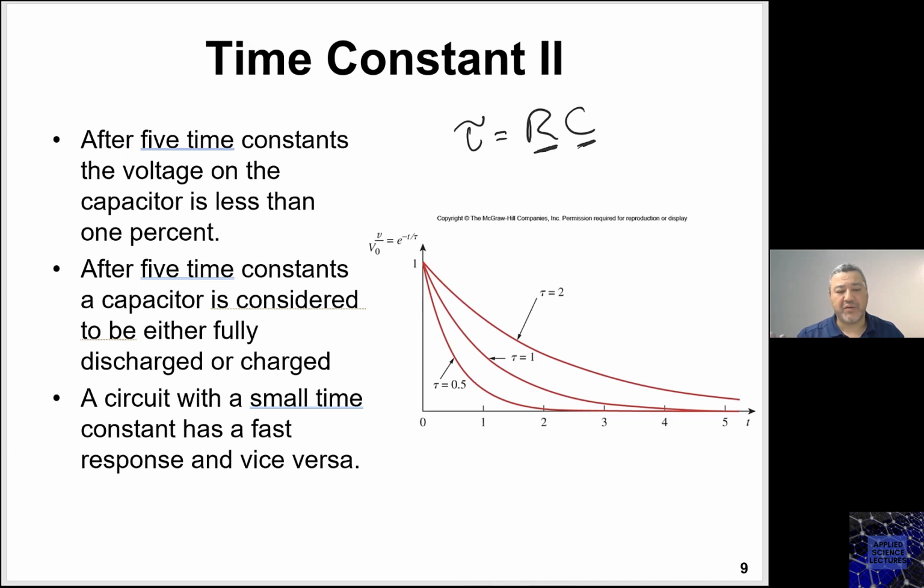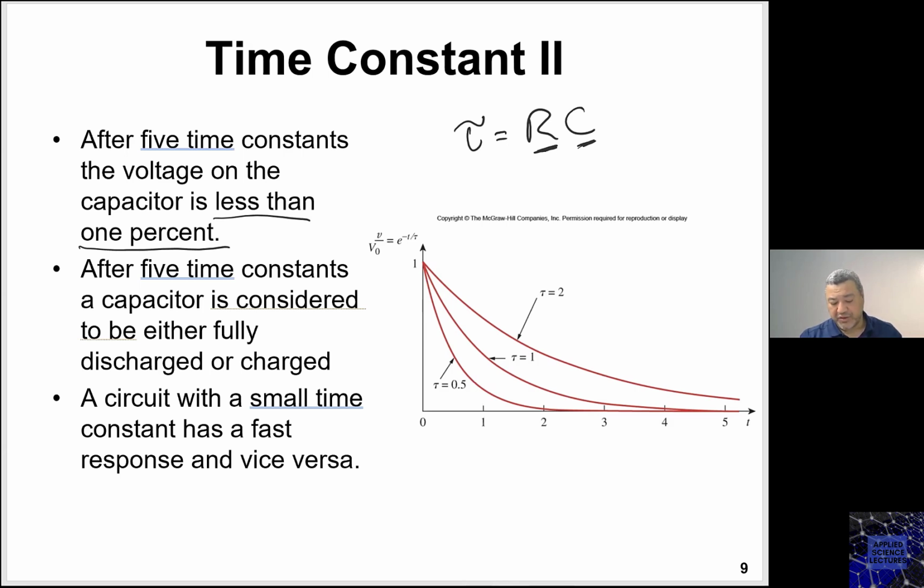We found that 5 tau is enough. Why? Because at 5 tau, you have reached less than 1%. You do the calculations by substituting t with 5 tau, and you will see that the value you're going to reach is less than 1%. So 5 tau for us is enough to reach the steady state, right? The transient, the exponential function, is considered to be over at 5 tau and above.